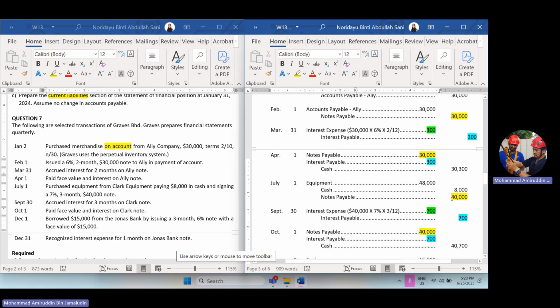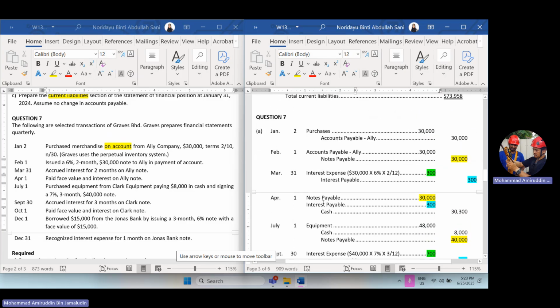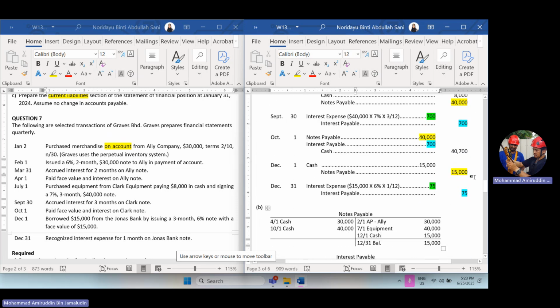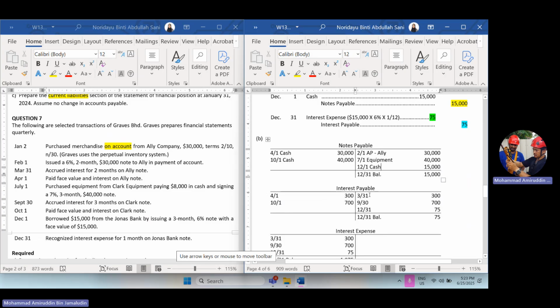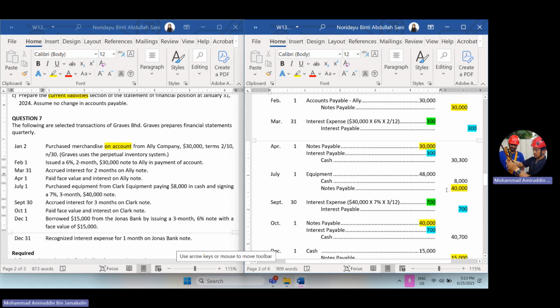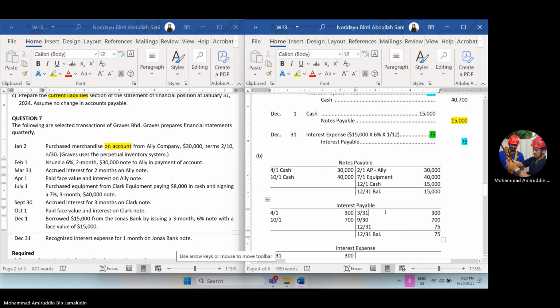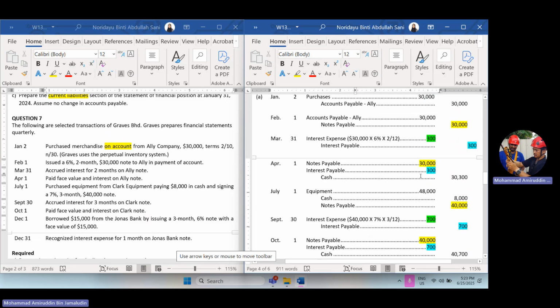Interest payable. I have this one. This one the credit. So 31st March on credit. This one 300. So what's the detail? Interest expense. Okay. What else?